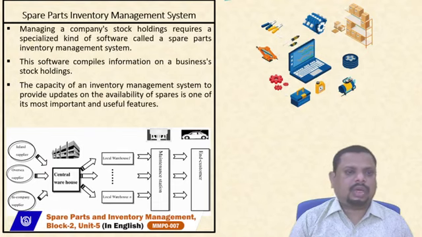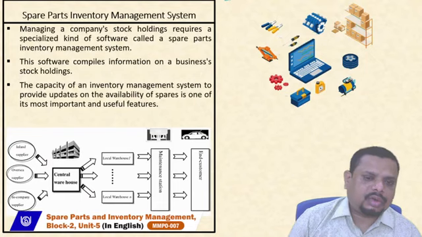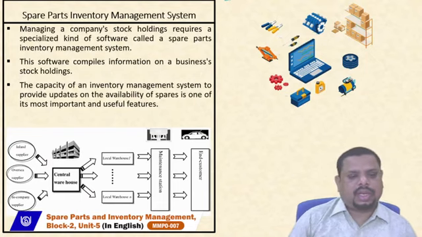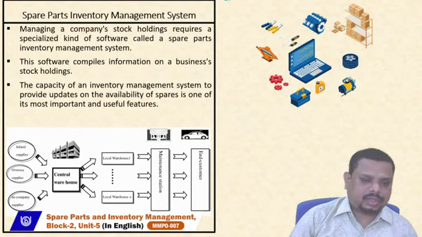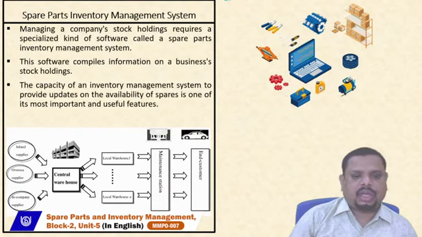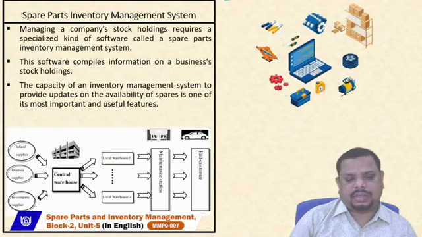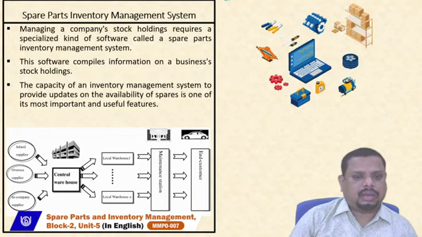For example, take the spare parts inventory management system for your own automobile. When you reach a service provider, they have a number of maintenance stations, and these maintenance stations are well connected to the local warehouse, which takes responsibility for supplying spare parts for the automobile industry.